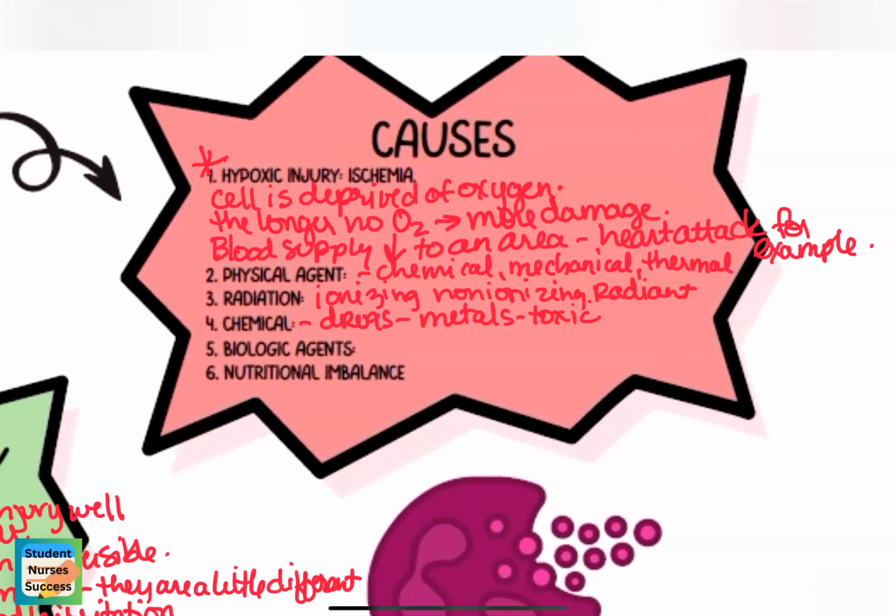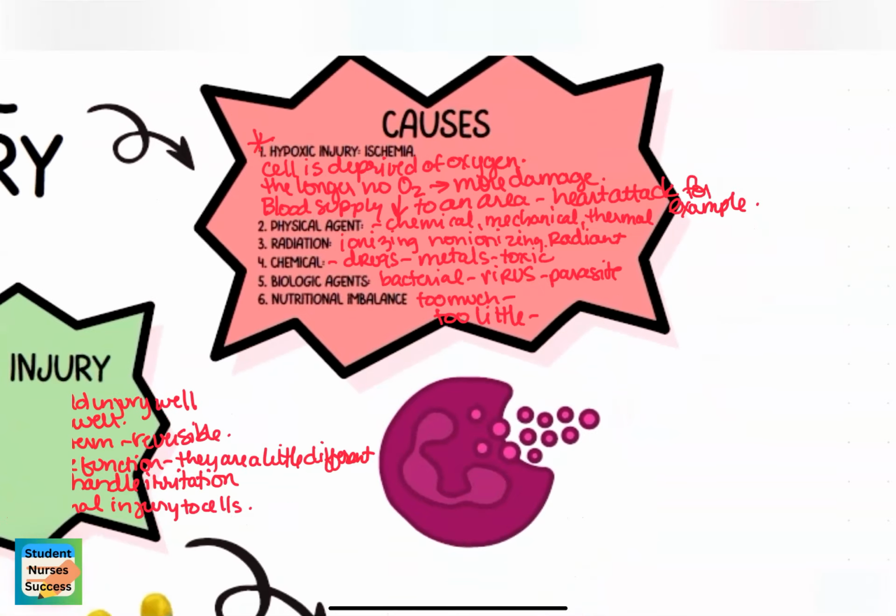Biological agents are usually things like bacteria can cause cellular injury, viruses can cause cellular injury, even a parasite. And then nutritional imbalances. Either too much, we know that obesity can cause cellular injury, or too little nutrients, both of those.